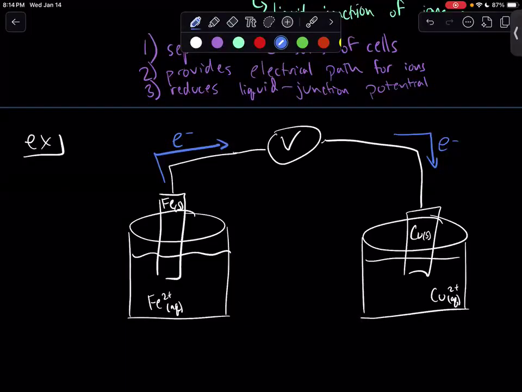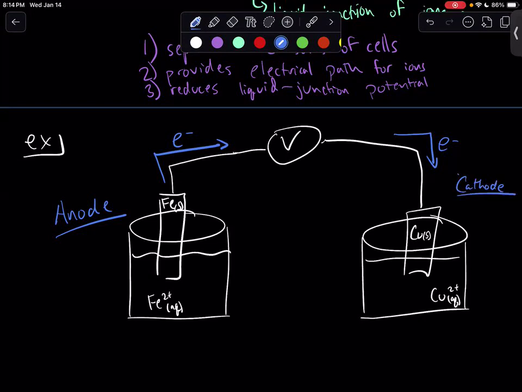Because the iron is oxidizing, I know that I'm going to have my anode over here. Because copper reduces, I have a cathode on the right side, red cat.